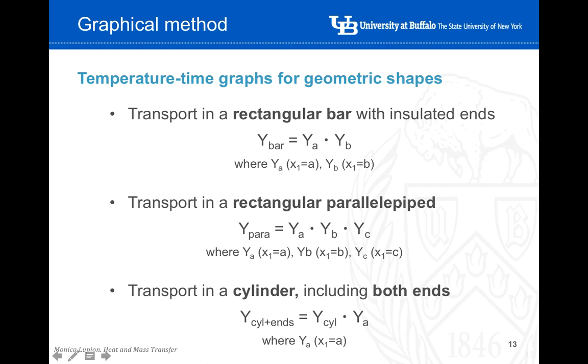Another example, the final example, if there is a cylinder including both ends, we calculate on one side the y directly related to the cylinder, and then we multiply that value by the parameter y related to the ends.